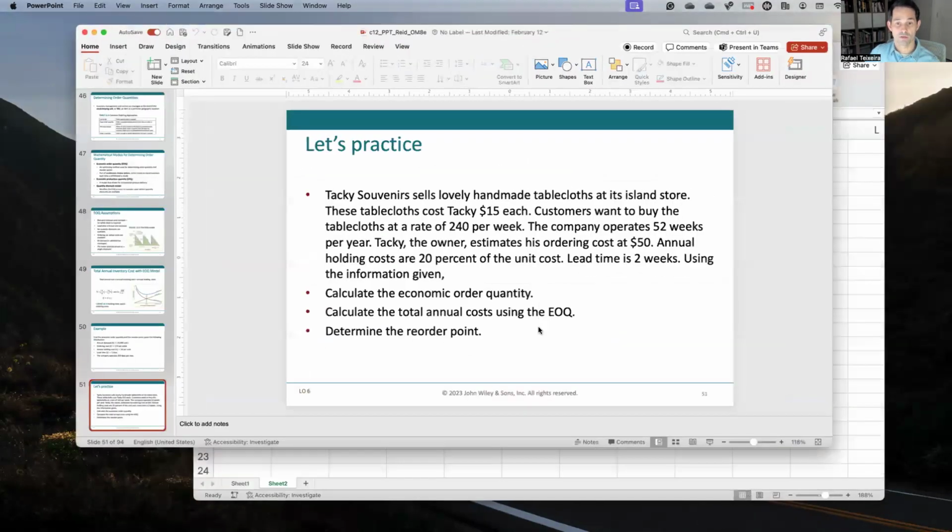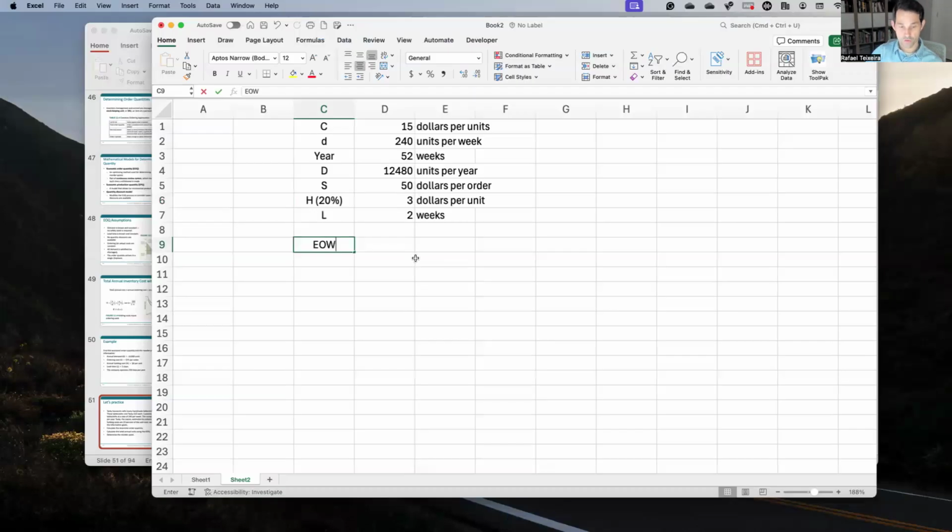Calculate the economic order quantity, EOQ. I'm going to do the same thing. I'm going to first do 2 times S times D divided by H. So I do here equal, open parentheses, 2 times my ordering cost times my annual demand divided by H. I divide by H, I forgot.